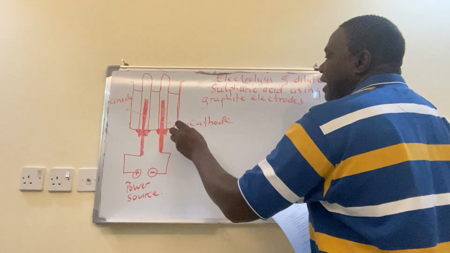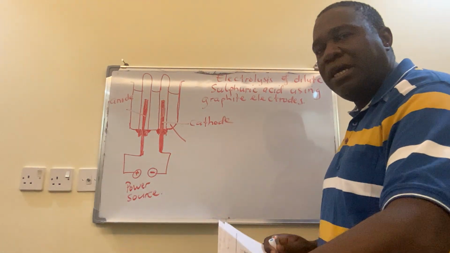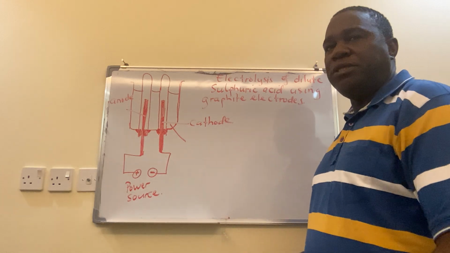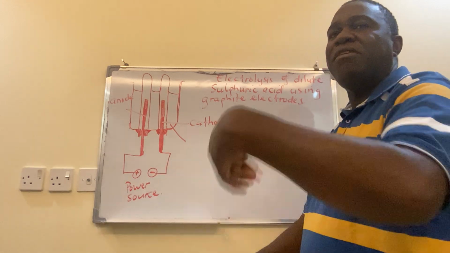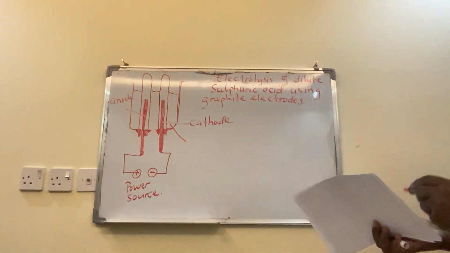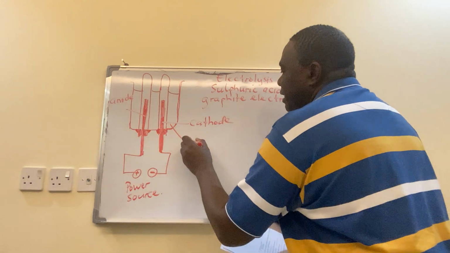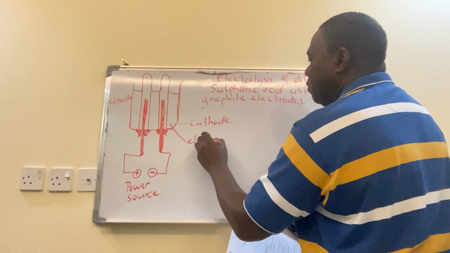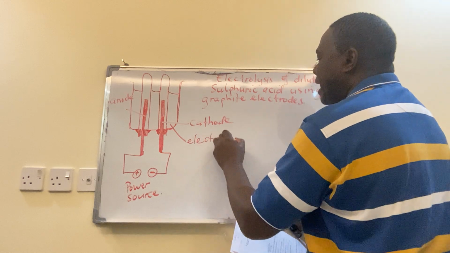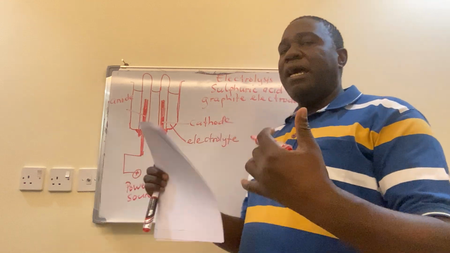Okay, and the electrolyte is the liquid which is going to conduct electricity, and then it is going to be decomposed by that electrical current. So because of that, we now have electrolysis taking place. We have our electrolyte, which is the liquid where our electrodes are dipped. So it's important for you to remember these terms: electrolyte, electrodes.